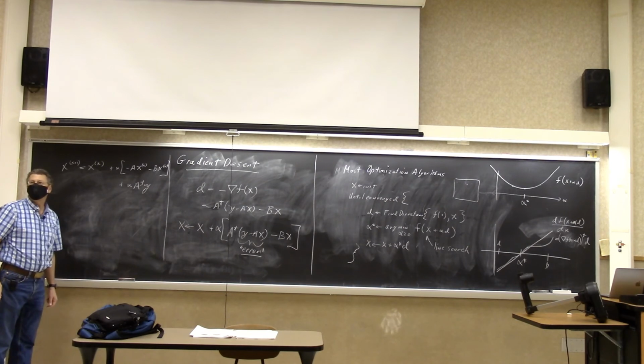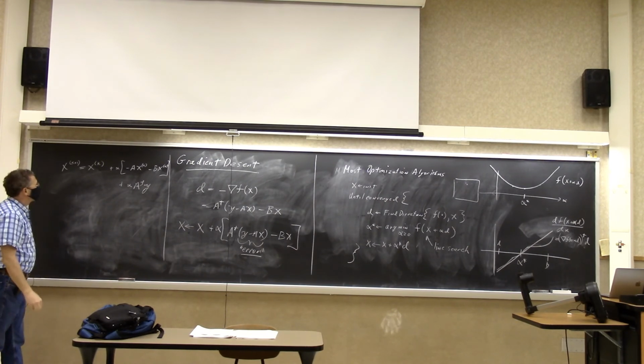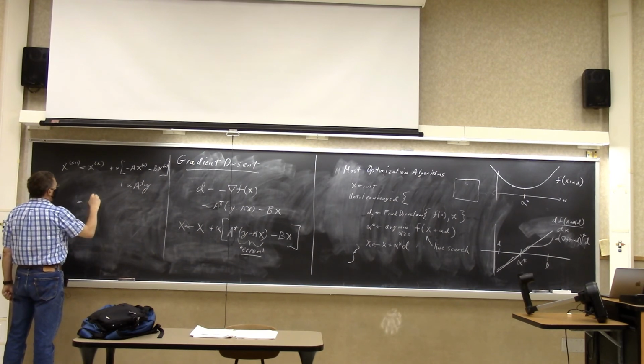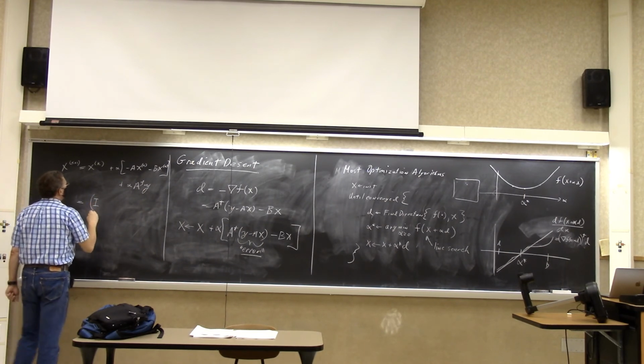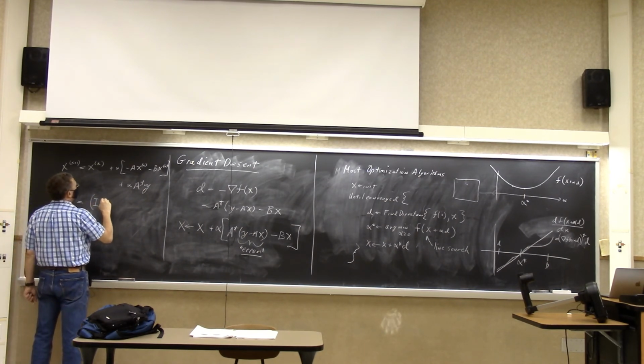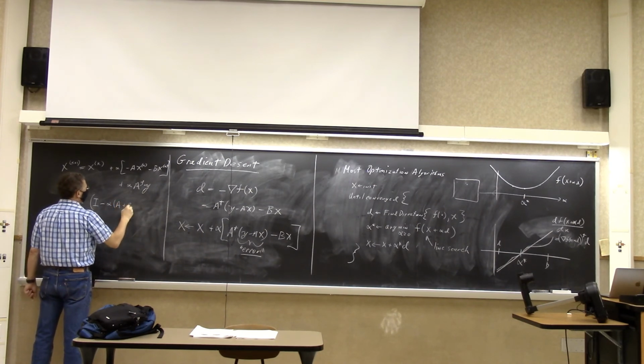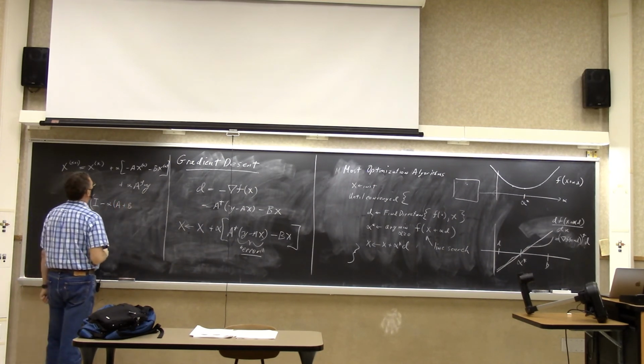Did I do that right? Okay. So this thing here is equal to I plus, or minus alpha, times, is this correct? A plus B? This does not look right.